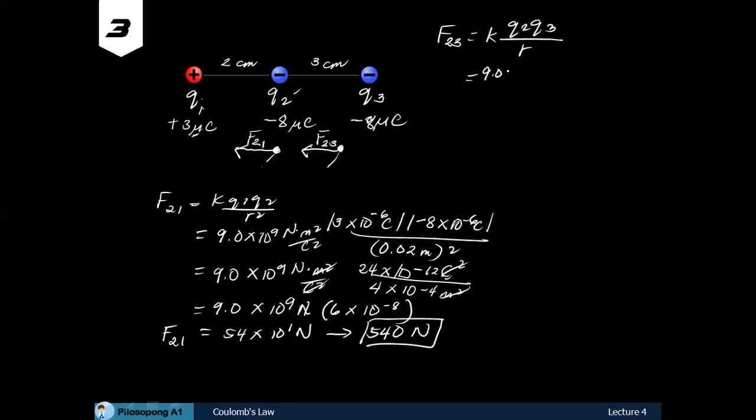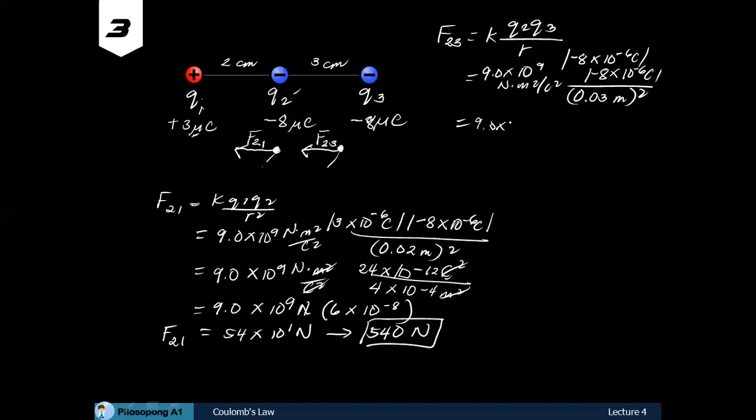We write the value of the constant and then multiply it by the values of the charges, negative 8 times 10 raised to negative 6 coulomb multiplied by another negative 8 times 10 raised to negative 6 coulomb, over the distance between them. The distance is 3 centimeters, so that's 0.03 meters.